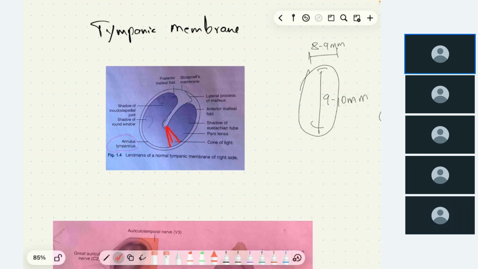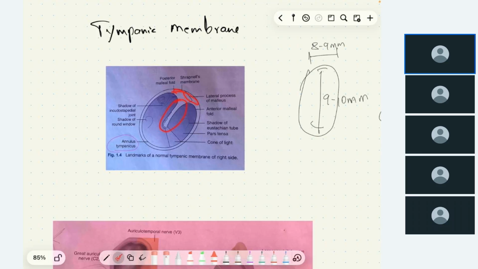Let's see what is pars flaccida or Shrapnell's membrane. As you can see, the pars flaccida is situated above the lateral process of malleus and between the notch of Rivinus and the anterior and posterior malleolar folds.